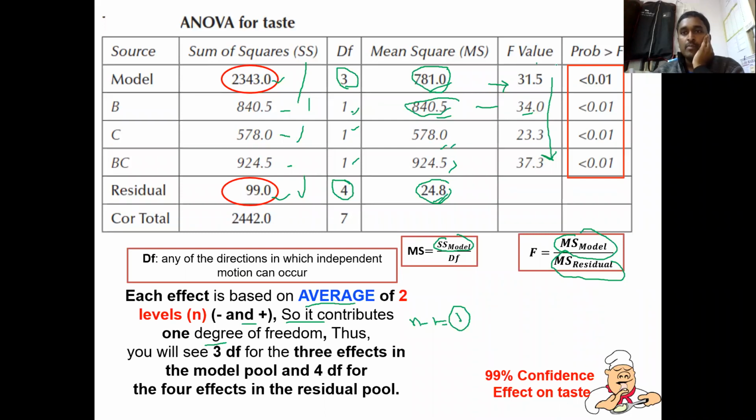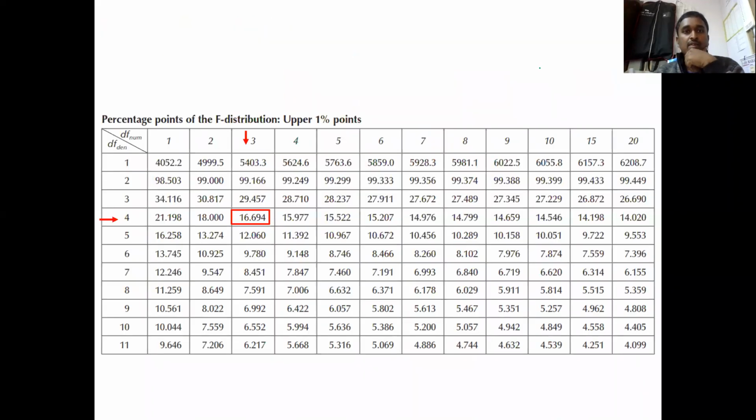Based upon the values you got here, for every calculation of the p-value there are reference tables like this in every book. This table is for the 1% level, that is 99% confidence. The remaining 1% is what we are talking about, that is the p-value.